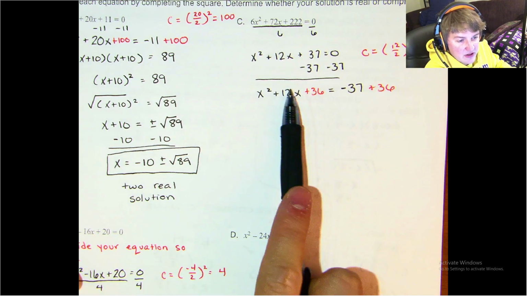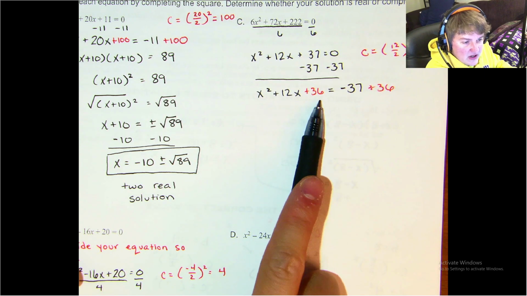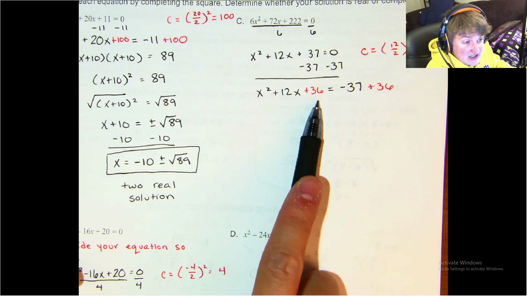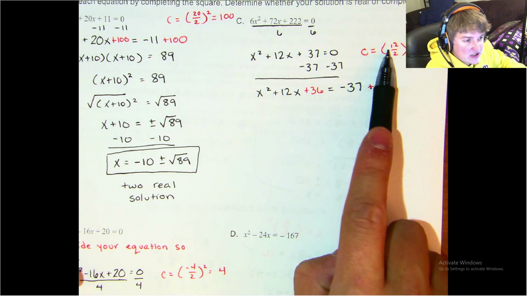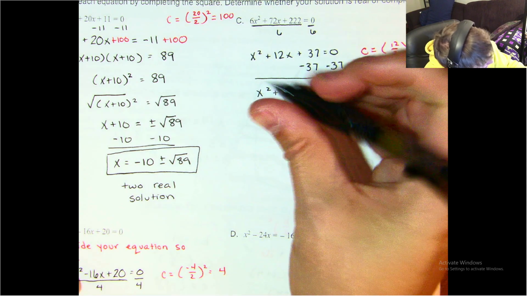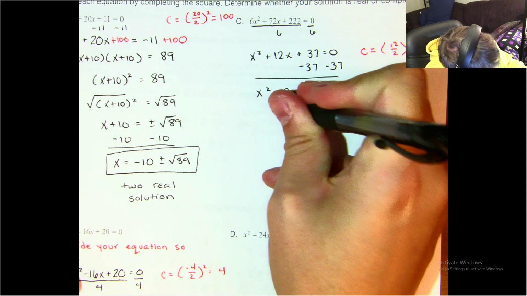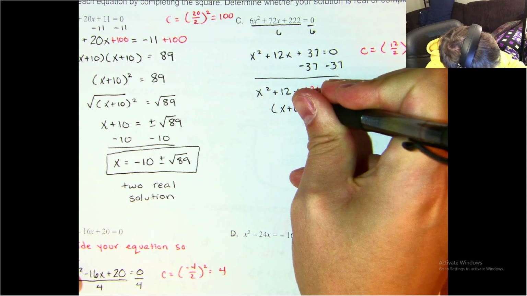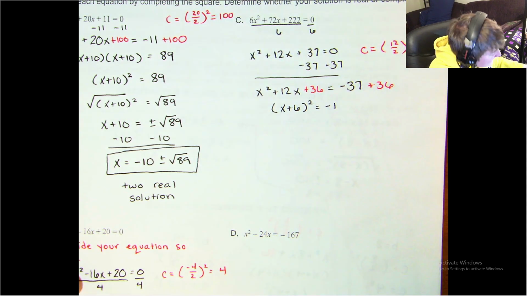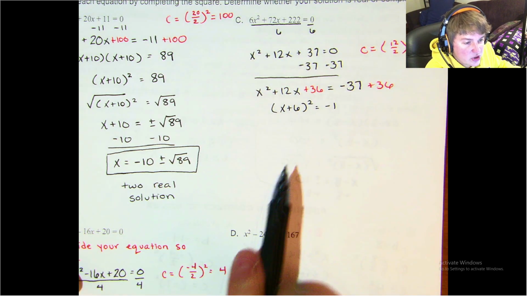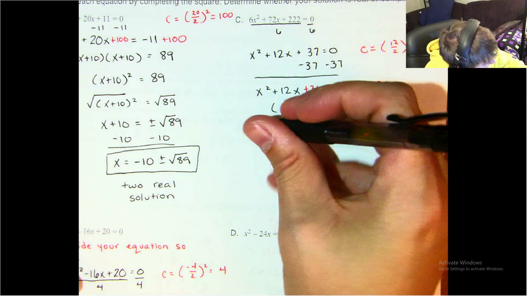Okay, and so then now I need to factor this. Numbers that multiply to 36 and add to 12 are 6 and 6, which is no surprise because b divided by 2 is 6. So that really gives us a way that this is going to be x plus 6 squared is equal to negative 1. Okay, I need to undo the square symbol by square rooting.